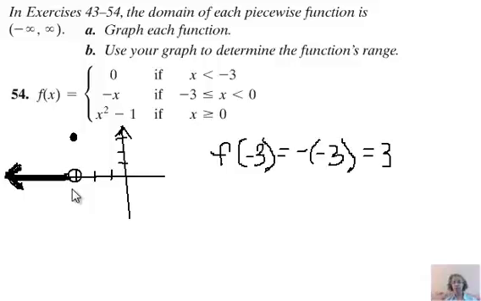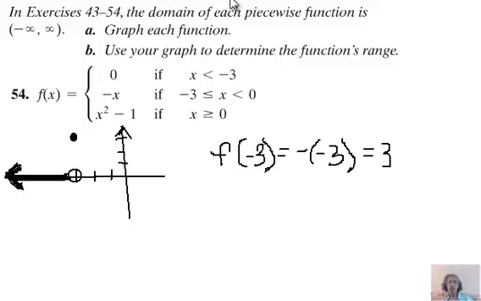And now we see that if we replace x with 0, so notice we also need to find the value of this endpoint. -0 is 0. But x is less than 0 when we use -x.